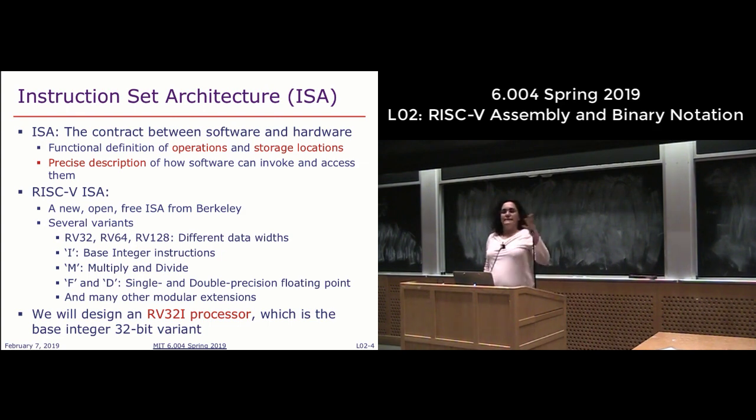There's also an integer version versus versions with additional support for floating point. There are also some versions that have extensions for multiply and divide operations, and so on. In this class, we're going to focus on the basic one, which is the 32-bit integer RISC-V. Okay, and that's what we're going to be building.